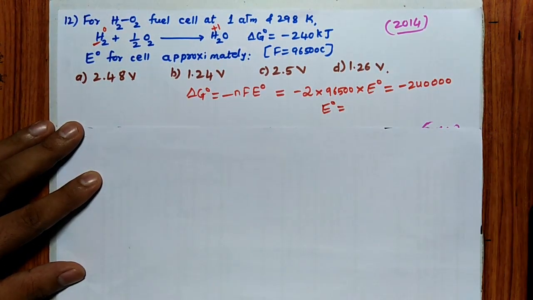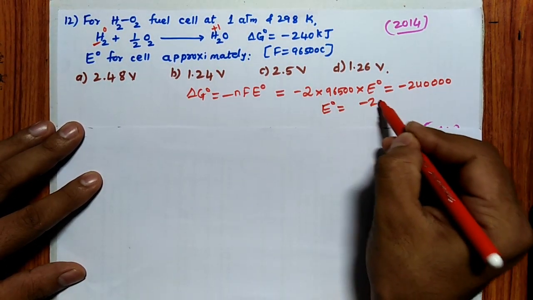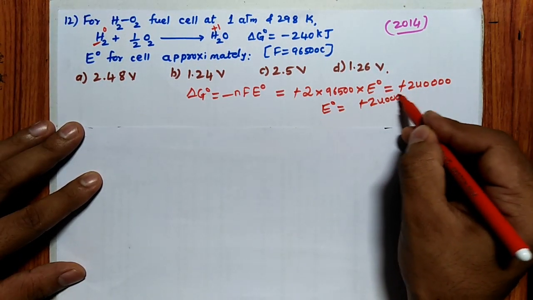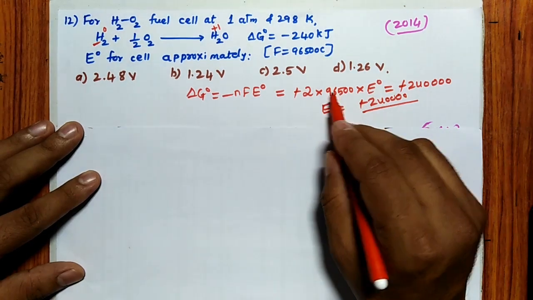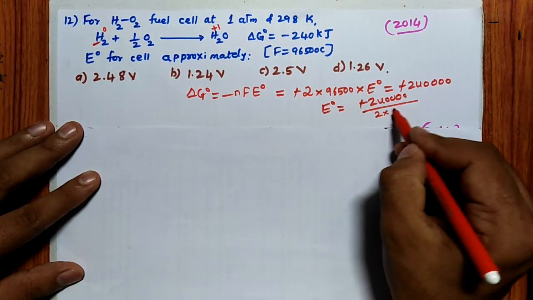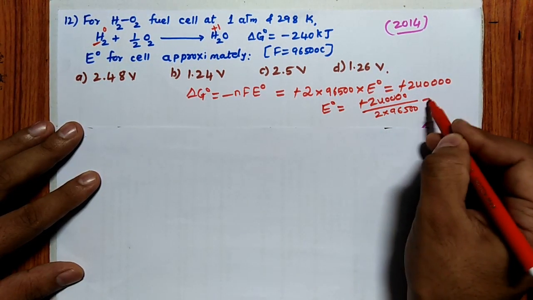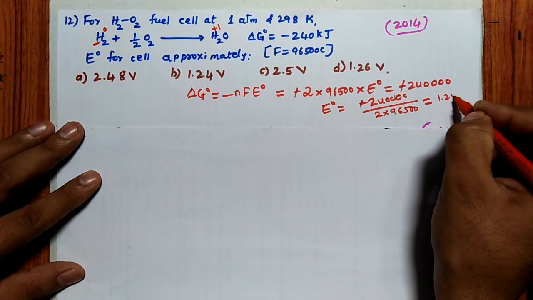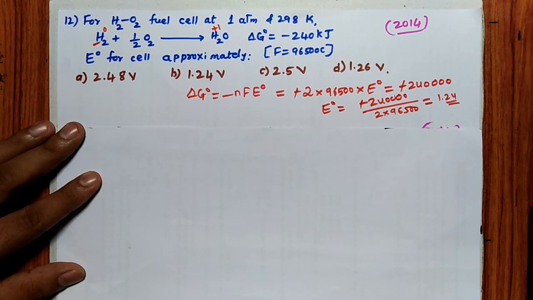E naught is equal to minus 240, minus minus gets cancelled, correct? So 240000 divided by 2 into 96,500. So solve this now. You are going to get 1.24 volt. Correct? Exactly 1.24 volt you are going to get.